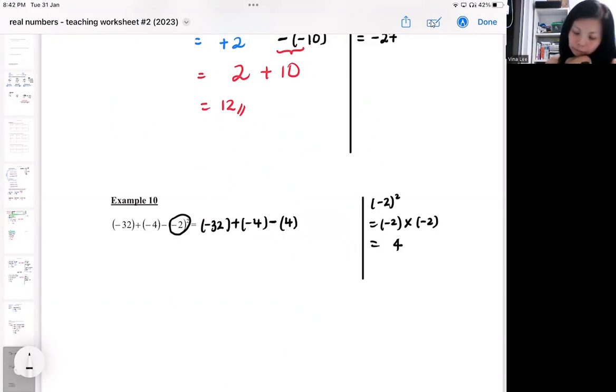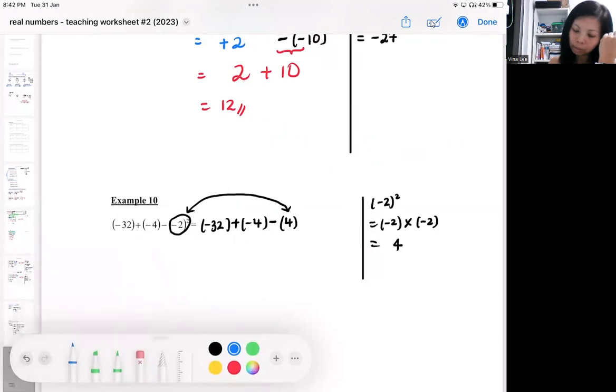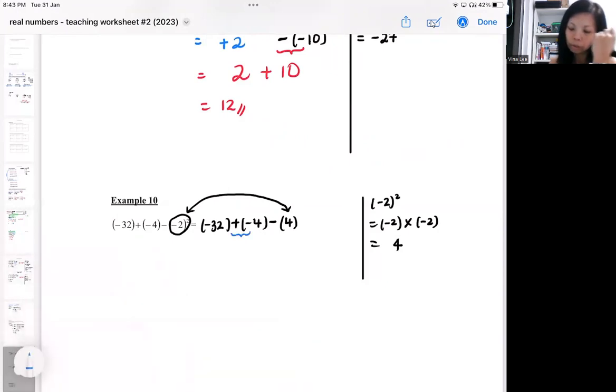Okay, so can see, other than that, the rest I never change anything. I didn't change anything to the -32. I never change anything to the rest. I just focus on changing them out. Then after that, okay, is there any rules that's applicable? Your brain should have trained you to look at this as a minus.